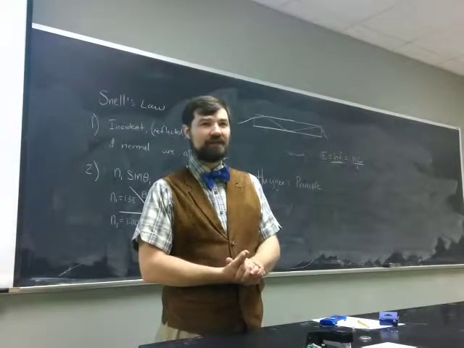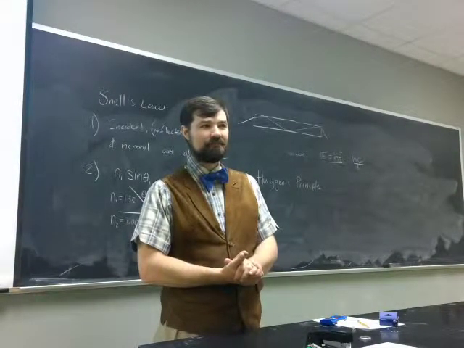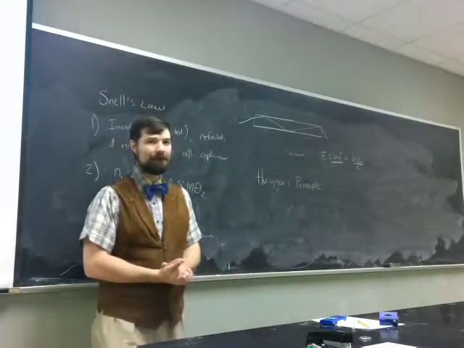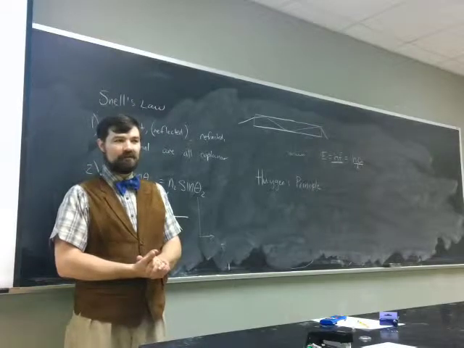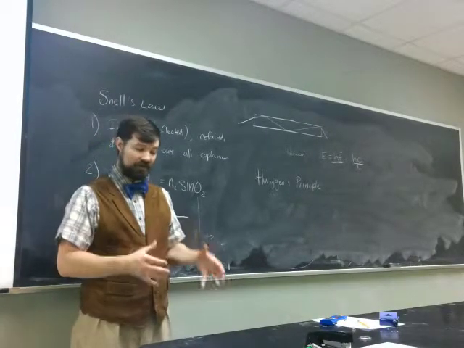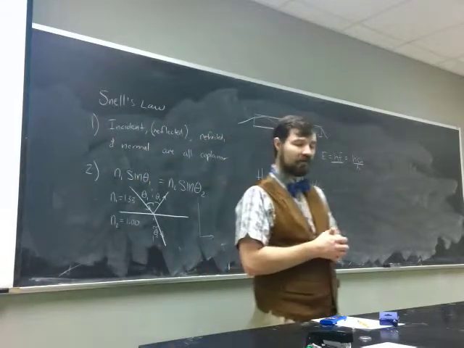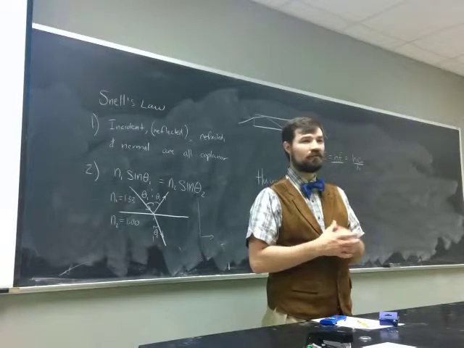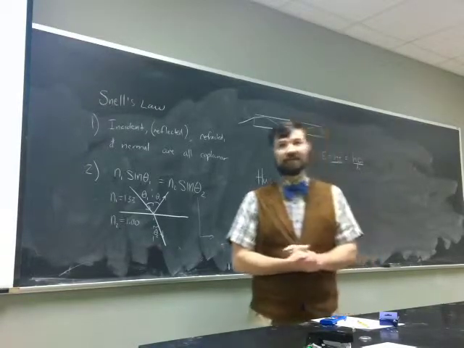So which one was right? Was it Huygens or Newton? Well, at the time of Newton and Huygens, there wasn't any way to really resolve between the two. Nobody could definitively say one way or the other.